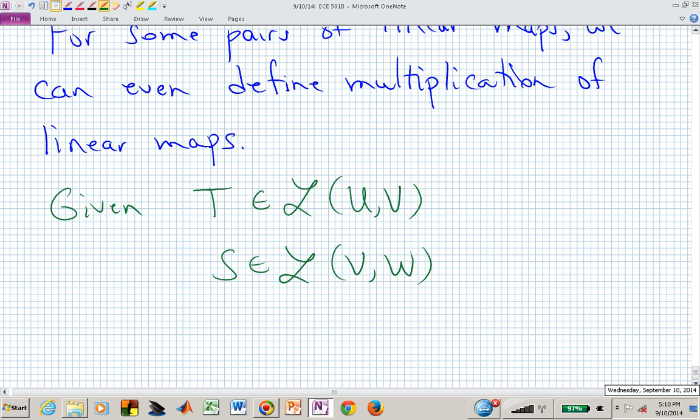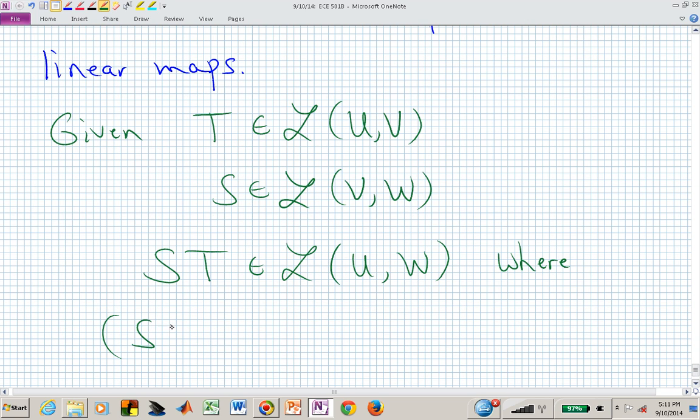Then for some maps, we could say the map ST is going to be between what? It's going to start with U, isn't it? That's where T begins its domain. It then goes into a codomain of V. Then S takes that as its domain and maps the result into W. So ST is going to be this linear map from U to W, where you could think of this as saying ST on V is equal to S on TV.